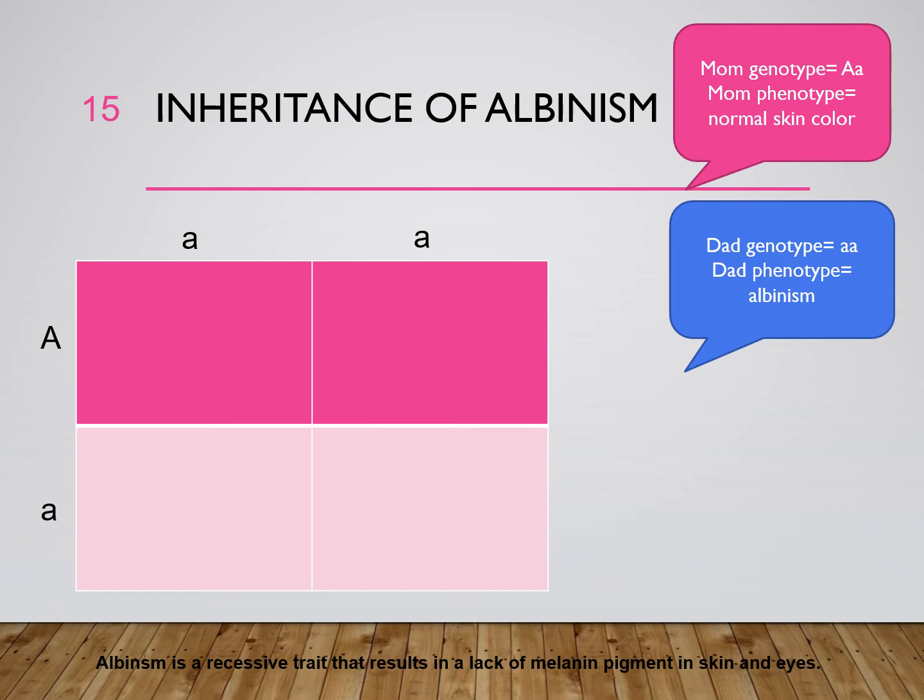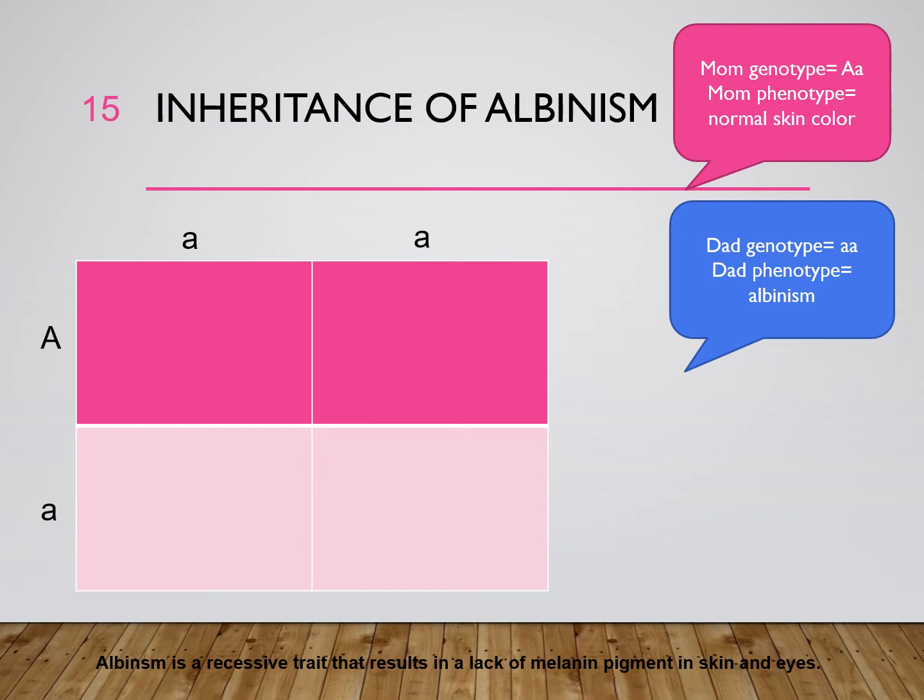So what if they decide that they're going to have a baby? All right, what is the chance that their baby is going to end up with this albinism? So let's see what happens. We're just going to multiply across by bringing letter on the left across and letters on the top down.